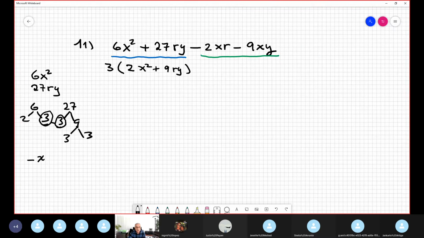I suppose it's much better negative x because we have two negatives, no? So I factor out negative x. Then we have 2r plus 9y, no? So I am sad, sorry, because this factor and this factor are completely different. That means the selection was not good. Not necessarily always is the first and the second.